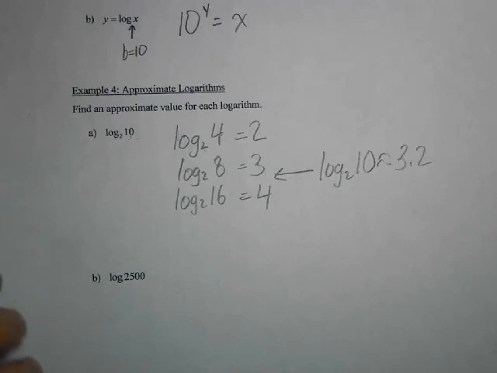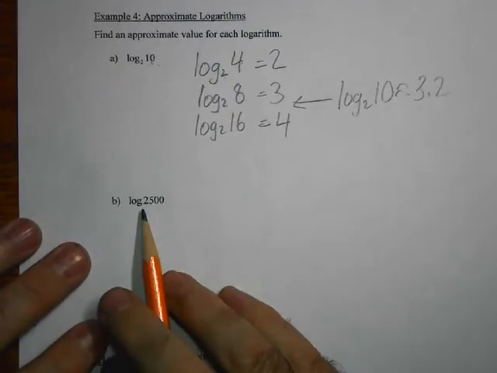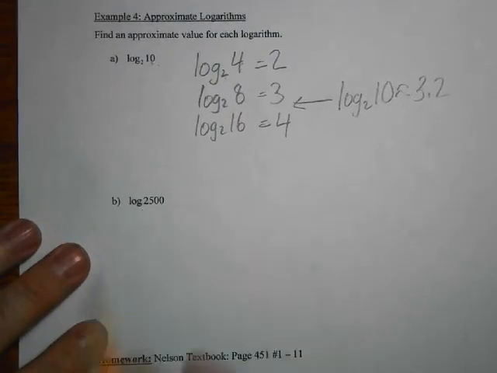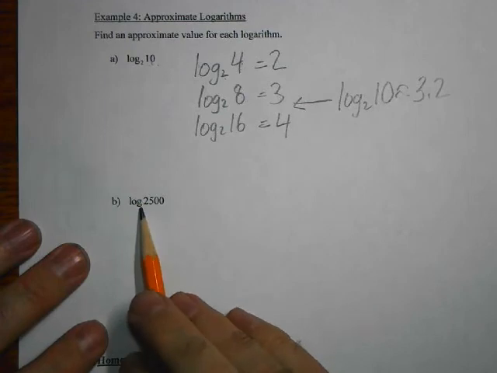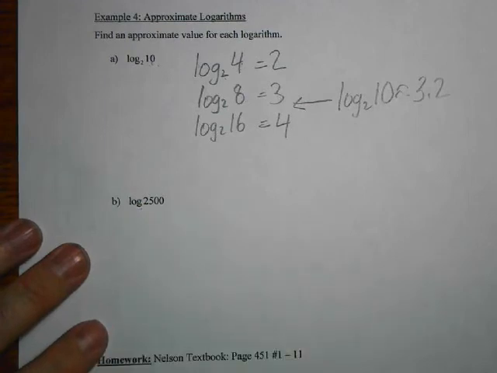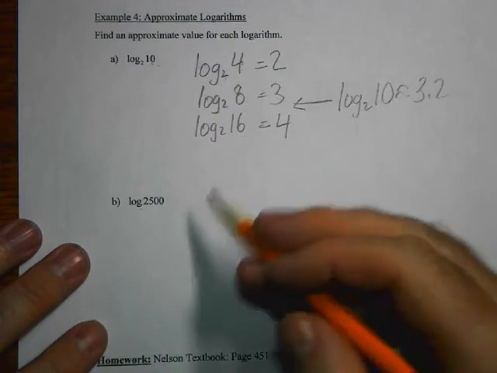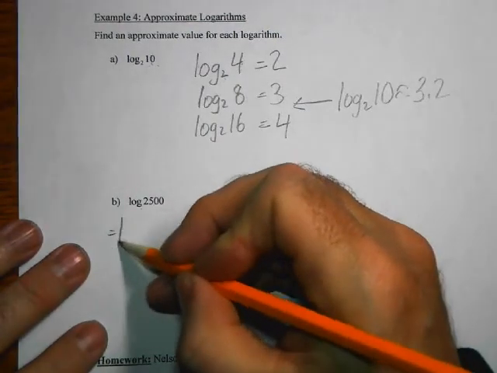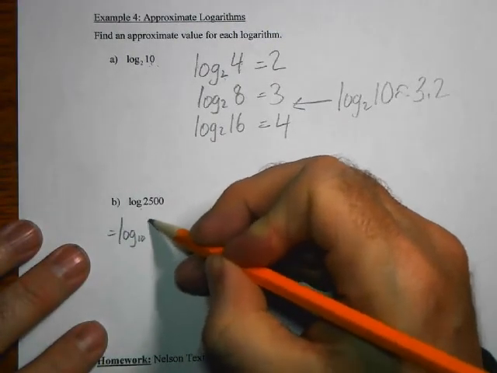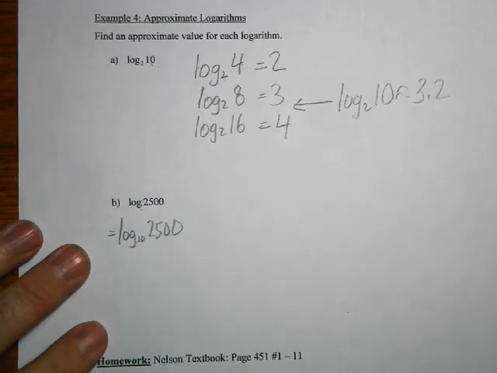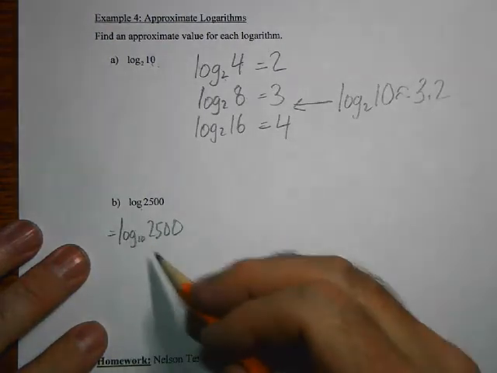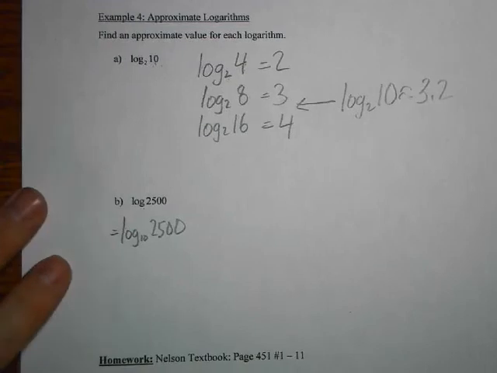Okay? Let's try the same thing with this log of 2500. Again, this is a common log, so base 10. If you wanted to, at the beginning, you could write it like that so you understand it. But after a while, hopefully you see it as base 10 without even thinking about it.